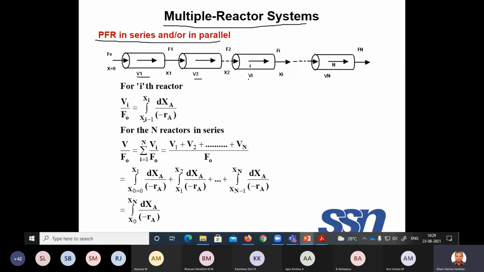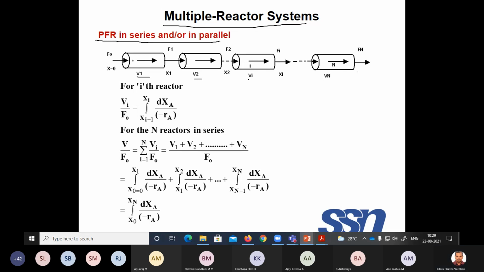Sorry, there was a call in between. Okay, what I am talking about here is, for the ith reactor, Vi by F0. Vi is the volume of it, and F0 is the initial flow rate. What will be the integral? For the first reactor, it will be 0 to X1, right? For the ith reactor, it will be X(i minus 1) to Xi. You understood?